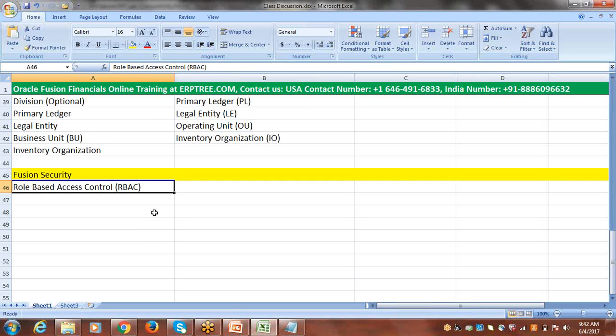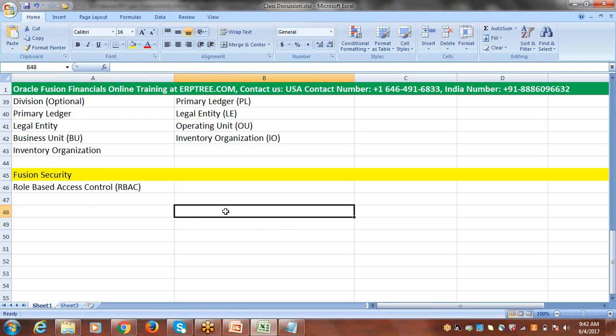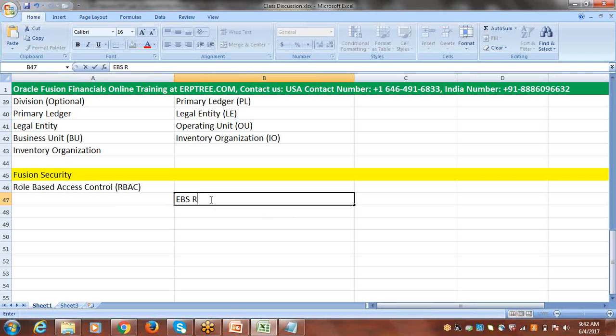To understand more, we'll see what different types of roles we have in Fusion. Before that, let's see how we manage security in EBS. In case of EBS, it can be R12 or 11, anything.